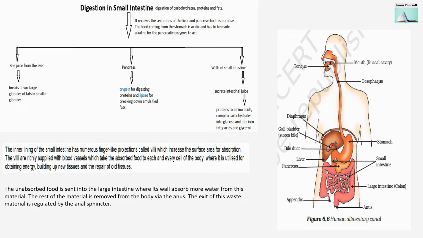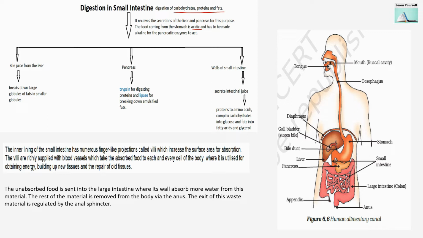You can write the whole process from this chart itself. Digestion of carbohydrates, proteins and fats will happen over here. It receives the secretions of the liver and pancreas for this purpose. The food coming from the stomach is acidic and has to be made alkaline for the pancreatic enzymes to act.